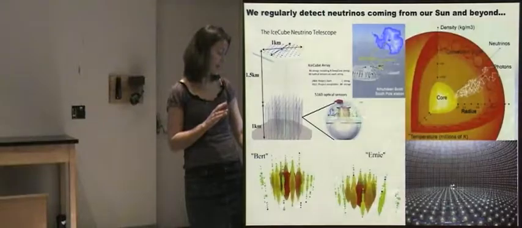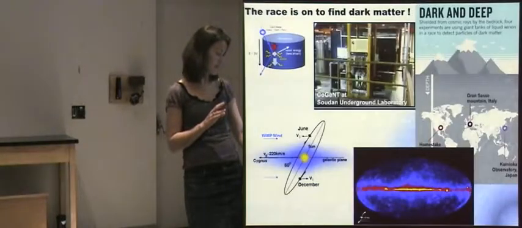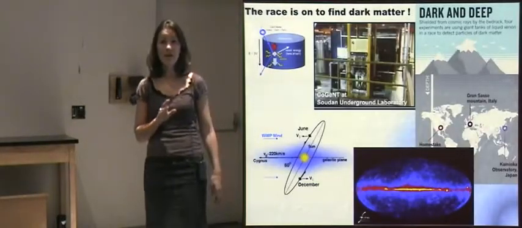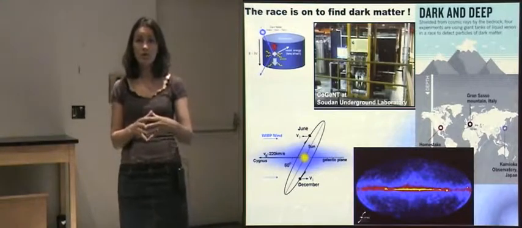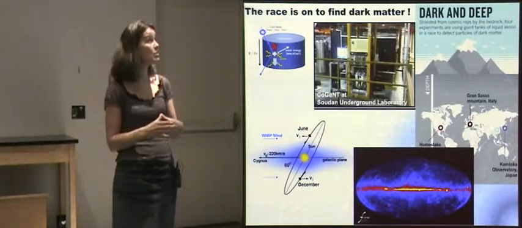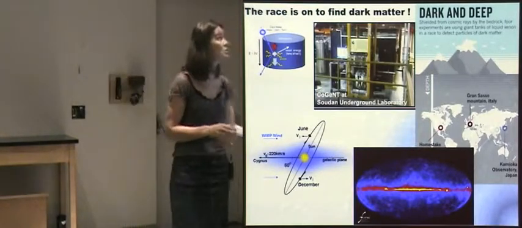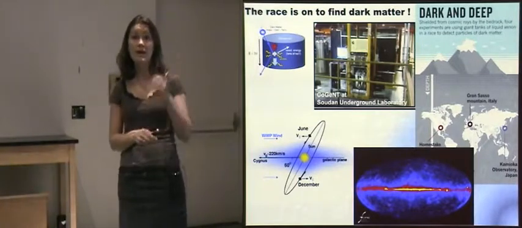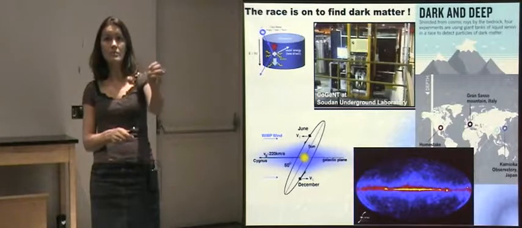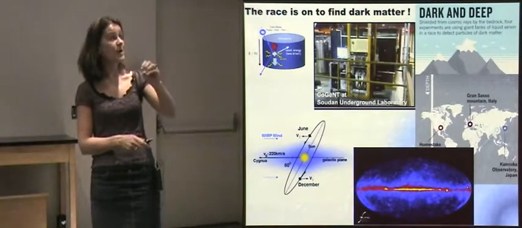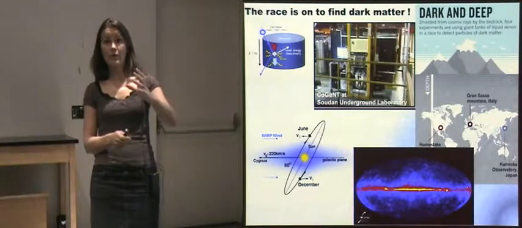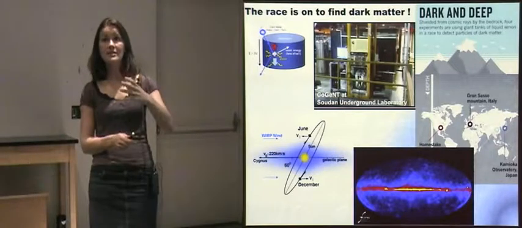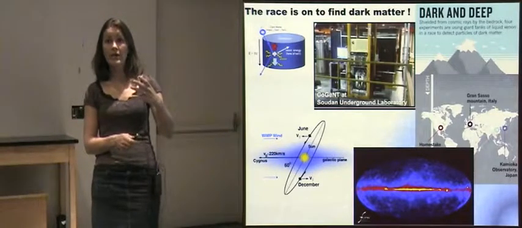A lot of the experiments have found some things, some of the experiments haven't. In terms of actually agreeing with one another, they don't. There are some underground experiments which have detected signals of dark matter particles of a certain mass. And these experiments are yet to agree with one another. Also, the statistical significance of the detections is very, very low.